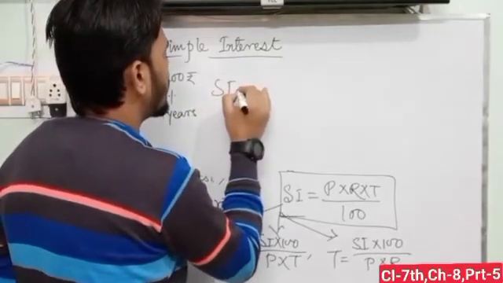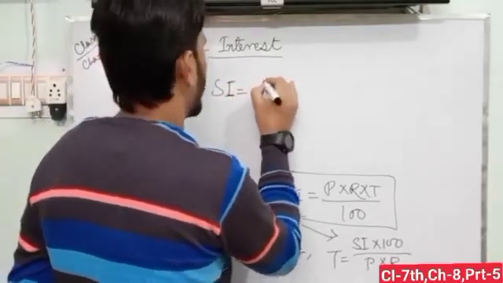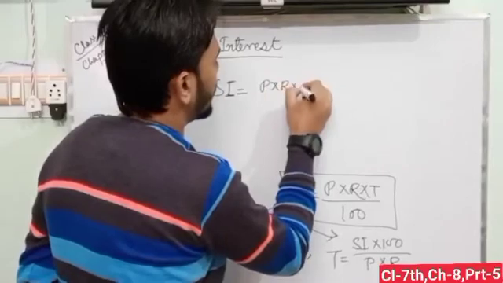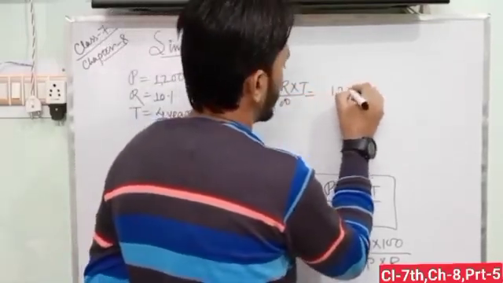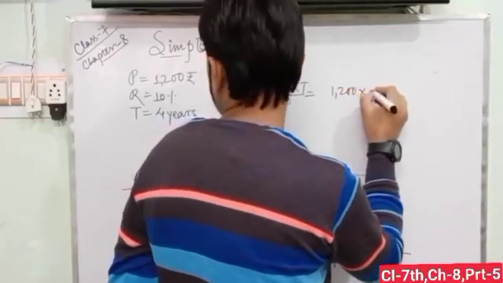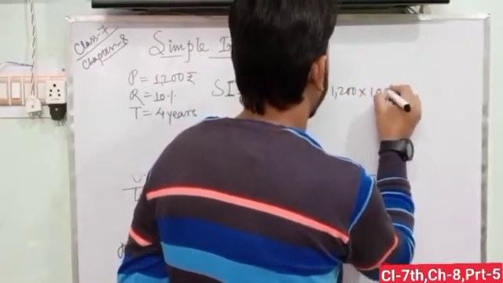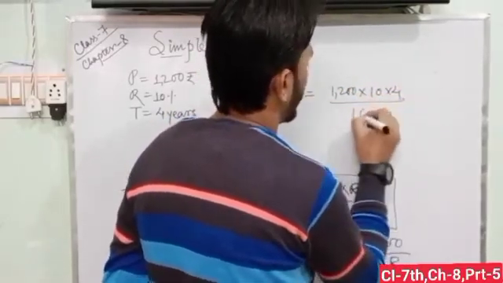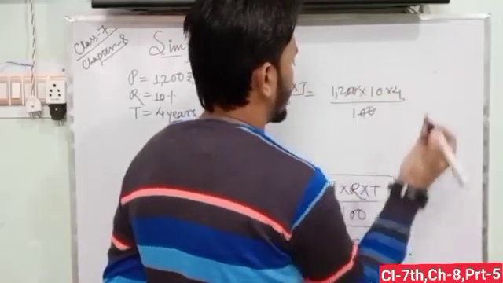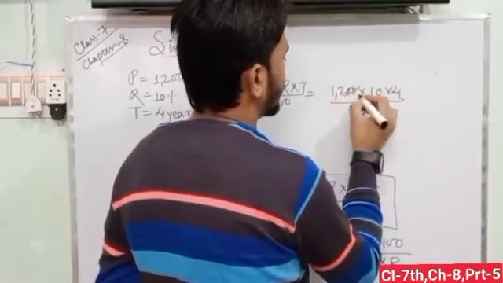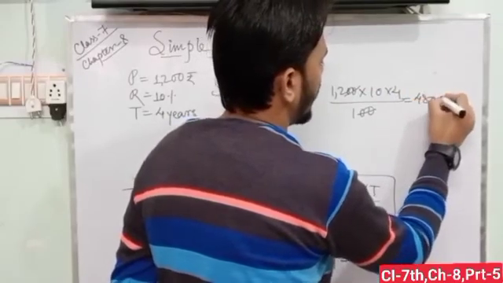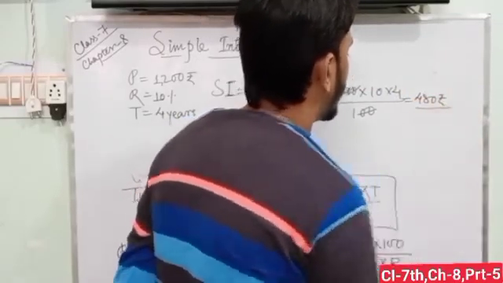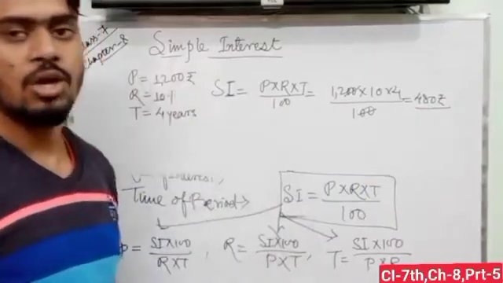So simple interest SI is equal to P into R into T upon 100, 1200 into 10 into 4 upon 100. Cutting 20 and 12, we get 48, and 48 into 10 is 480 rupees. That's the simple interest on rupees 1200.